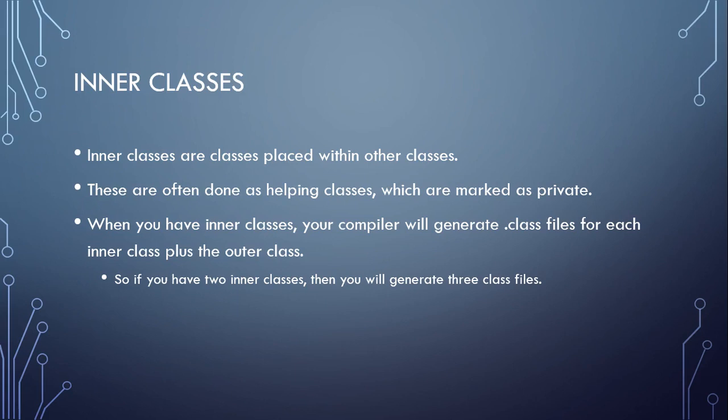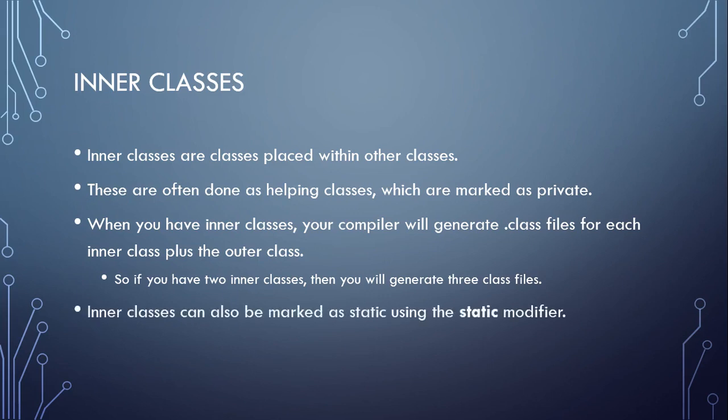That's one thing to remember. Even though it's one file, when you go to compile it, your one Java file is going to turn into 3 class files. Now, inner classes can also be marked as static using the static modifier. So just like our main method that we're so used to using with public static void main String args, we can create inner classes that are also marked as static.